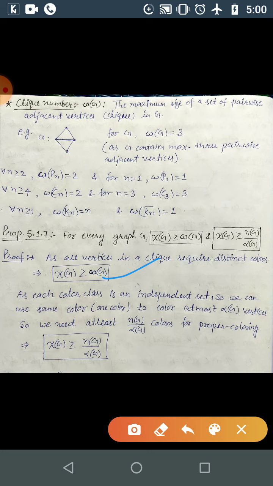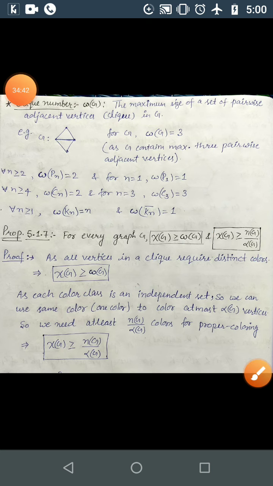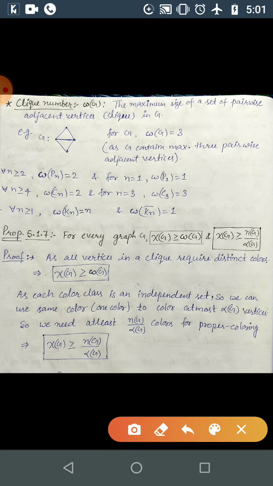Now come to the second identity, that the chromatic number is greater than or equal to n by alpha. Here n is the order of the graph and alpha is the independence number, the maximum size of a set of pairwise non-adjacent vertices, or pairwise independent vertices. And how is this true? This holds because each color class is an independent set.